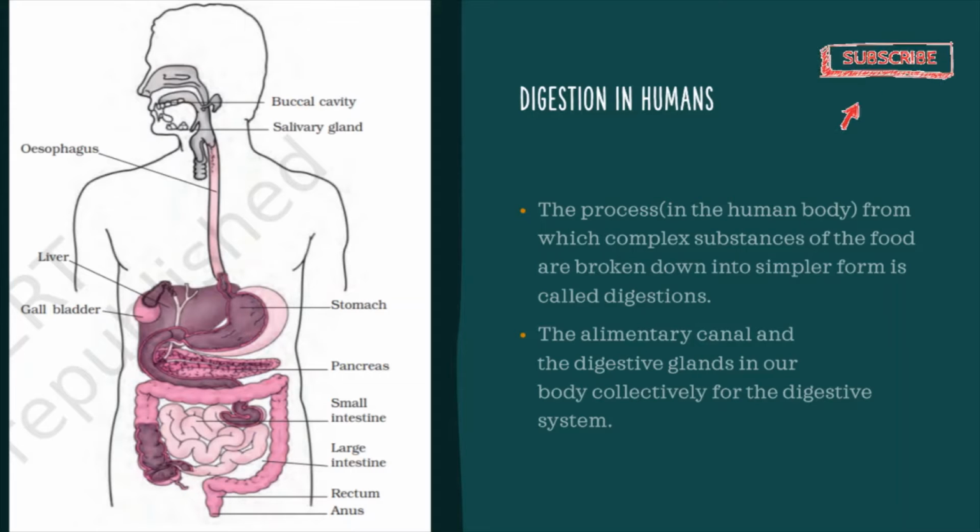And there are digestive glands which provide the digestive system with many juices. Collectively, the alimentary canal and the digestive glands in our body form the digestive system. In further slides, we are going to look at each part of the digestive system and study it deeply.